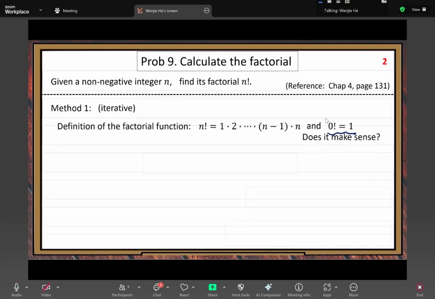Why is it not 0? It is 1. 0 factorial is defined as 1, not 0. I need to explain, because it's not quite intuitive.